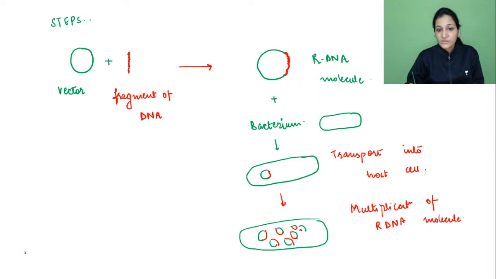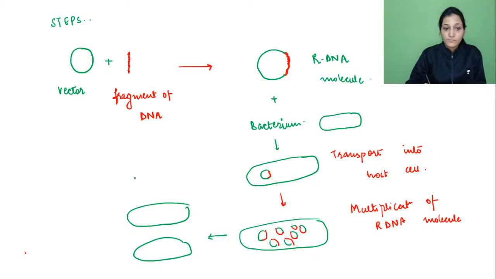This is various copies of the rDNA which we prepared. So multiplication of rDNA molecule and then division of host cell. Division of host cell with lots of copies of rDNA, and after that numerous cell division resulting into clones.